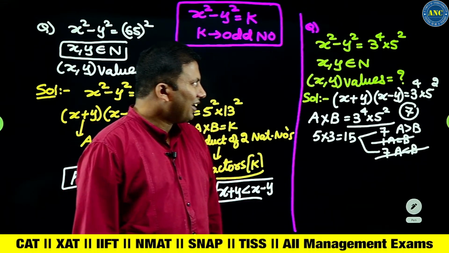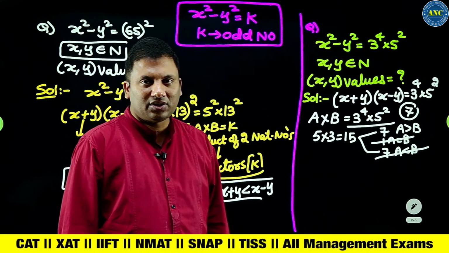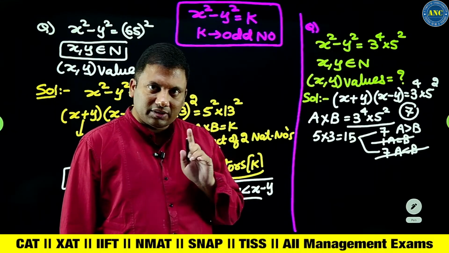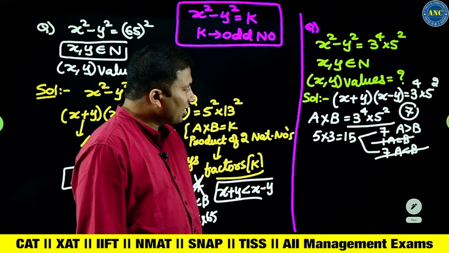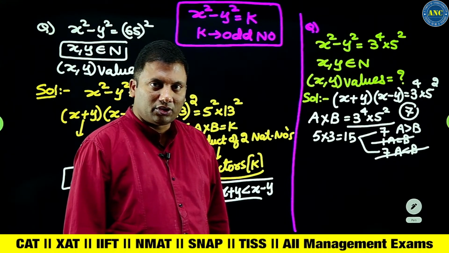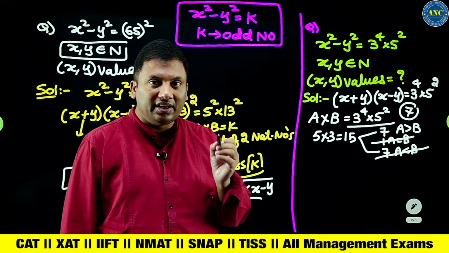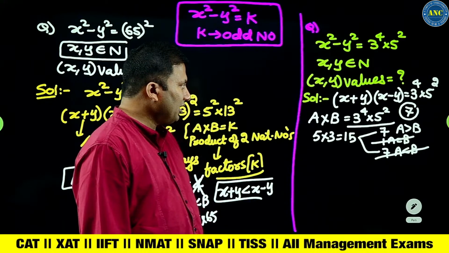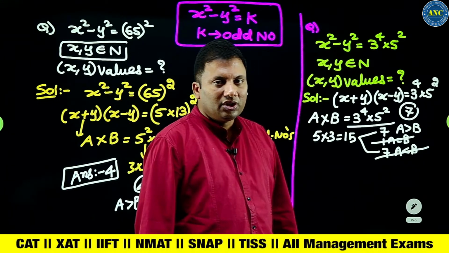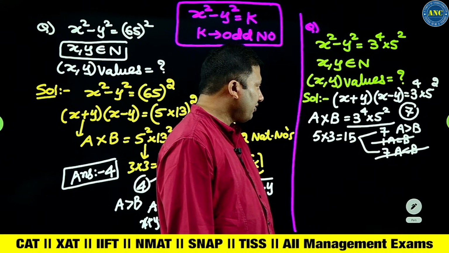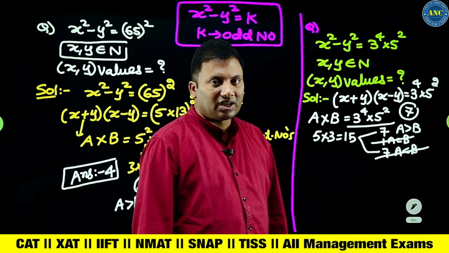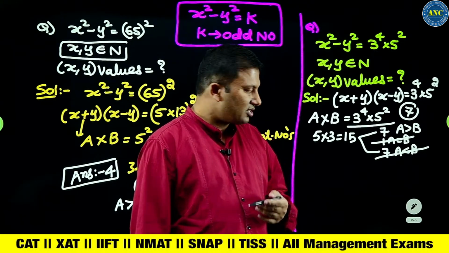I hope the idea is very much clear to you. Concept clear, sir? x square minus y square is equivalent to 3 power 4 into 5 square. The right hand side is an odd number, so take the factors of the right hand side. 3 power 4 gives 5 cases, 5 square gives 3 cases, 5 threes are 15. 7, 1, 7.